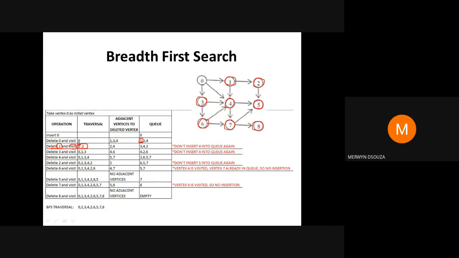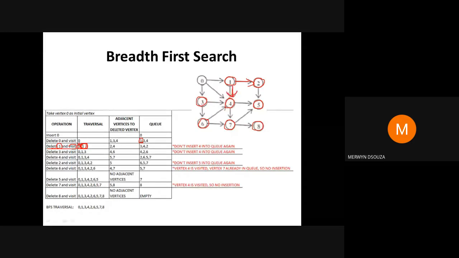After that, I have to visit the neighbors of 1, or the adjacent vertices of 1. Which are the adjacent vertices of 1? They are 2 and 4.